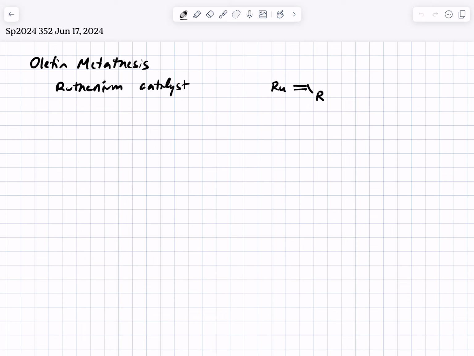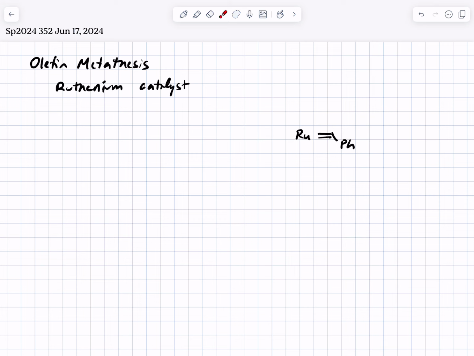So I'll show you what this catalyst looks like. It has phosphine ligands. It's ruthenium rather than palladium. So look at the periodic table. Ruthenium is 1 row down from iron. We could do oxidation state with ruthenium here, and maybe we will. But as I said, there's not any change of oxidation state in this reaction.